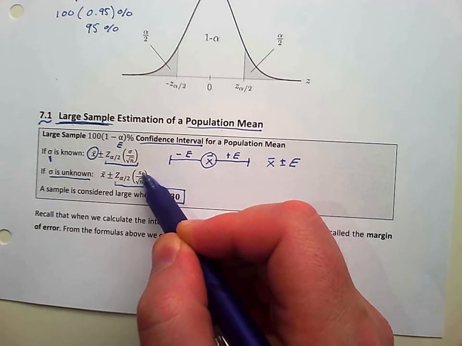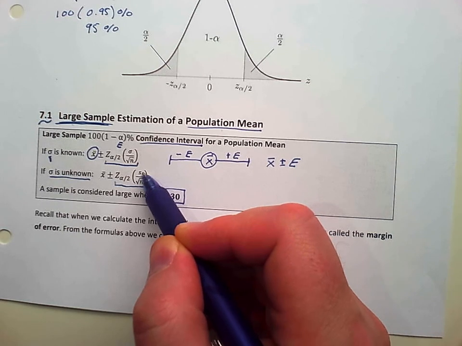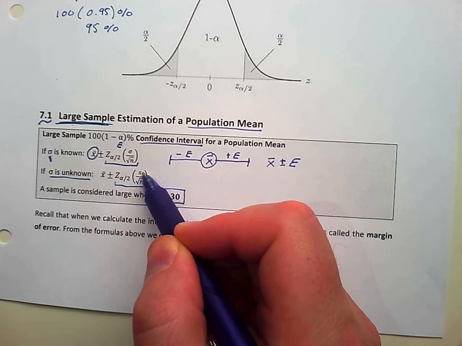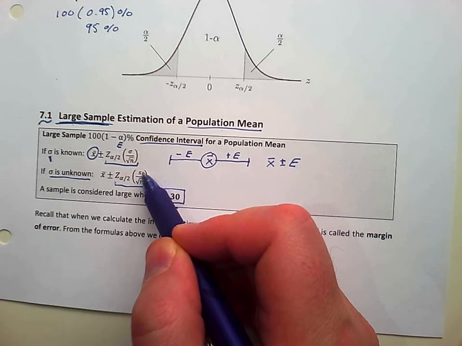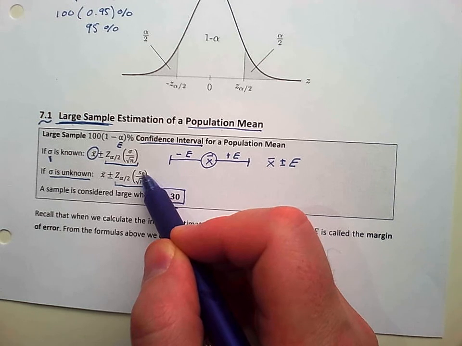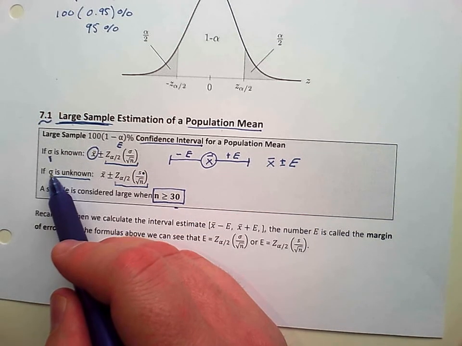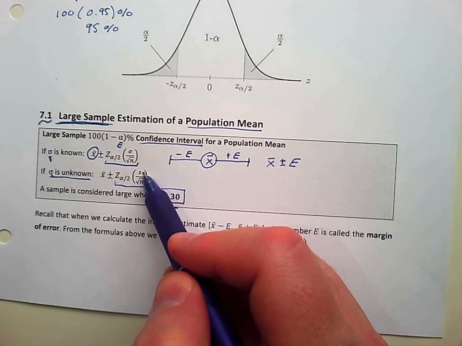Instead we have S. Try to remember for yourself, what does the symbol S stand for? S stands for the sample standard deviation. So if we don't know the population standard deviation, we're going to use our sample standard deviation S instead.